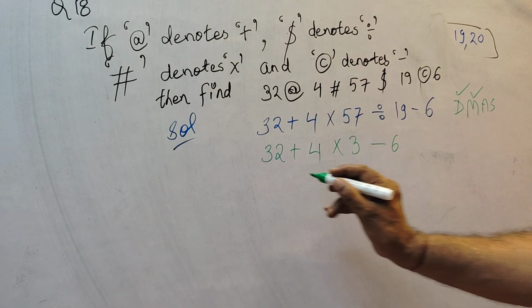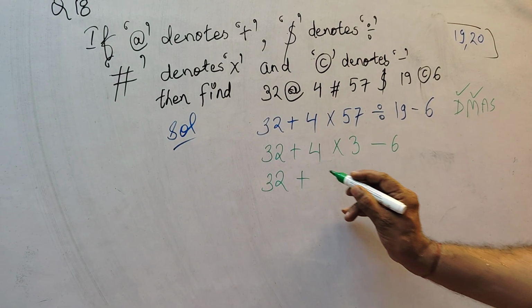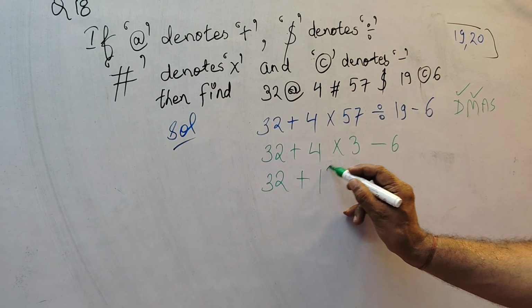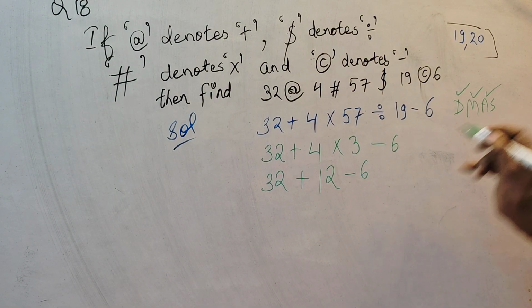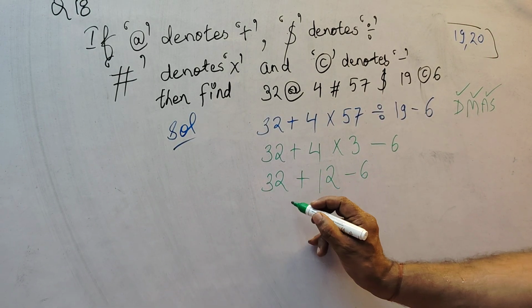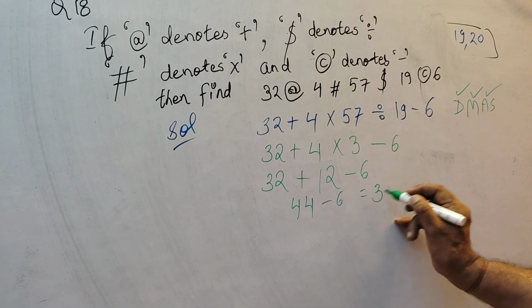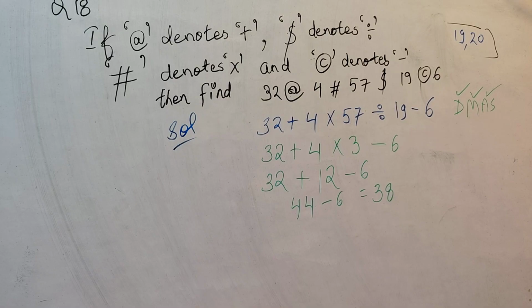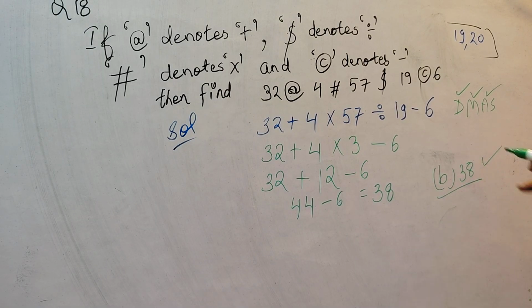So 4 times 3 is 12. Now after multiply we use addition. 32 plus 12 gives us 44. 44 minus 6 gives us 38. So 38 we can see in option B. Option B is the correct answer.